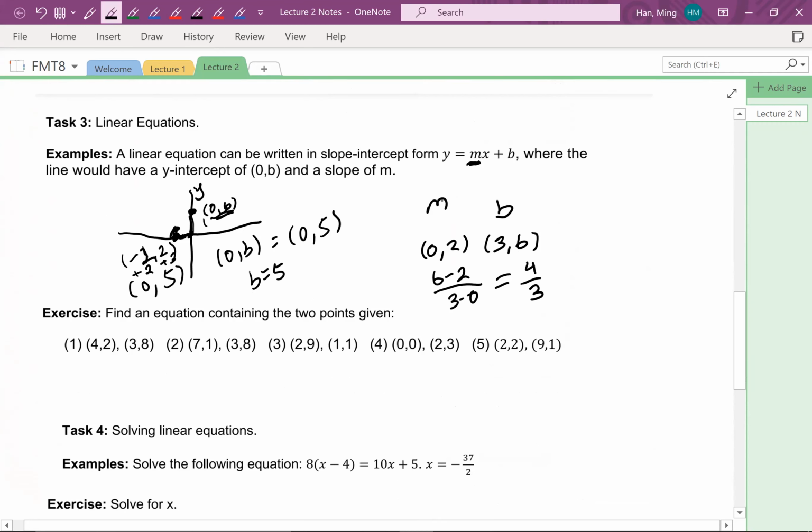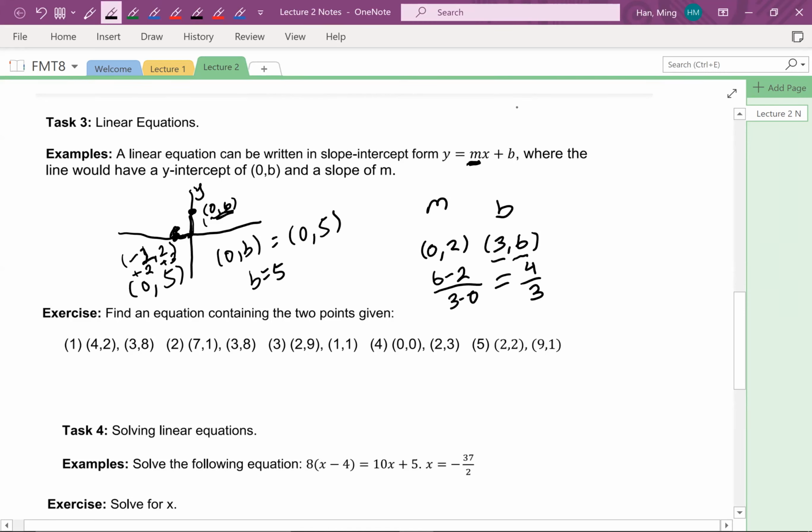And then you want to find b. The way you can find b is by substituting in one of those points. We were already given the intercept, but say we weren't given it, we can substitute in this point and find what b is.